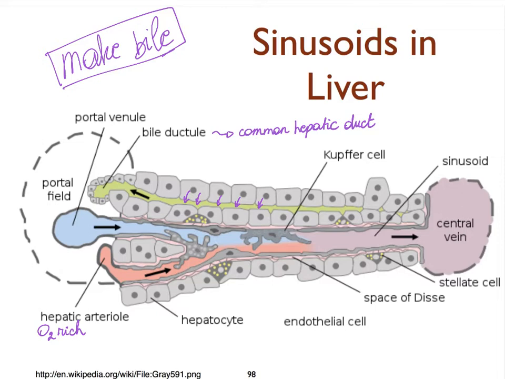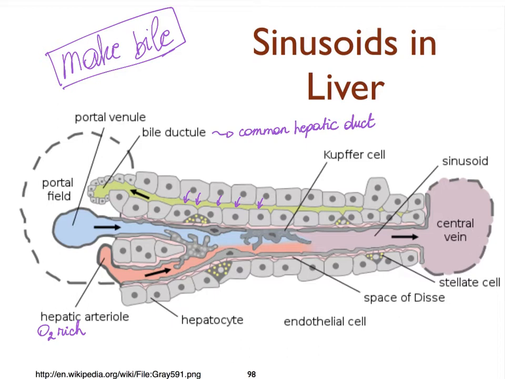So again, the direction of our blood is towards the central vein. The direction of the bile is away from the central vein towards the bile ductule, such that it can become part of the common hepatic duct.